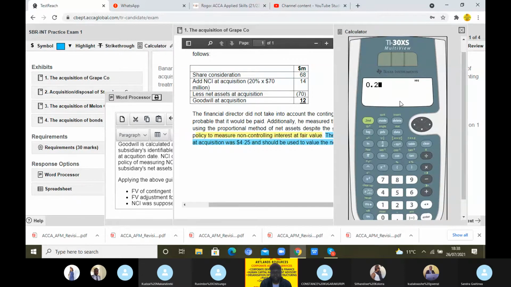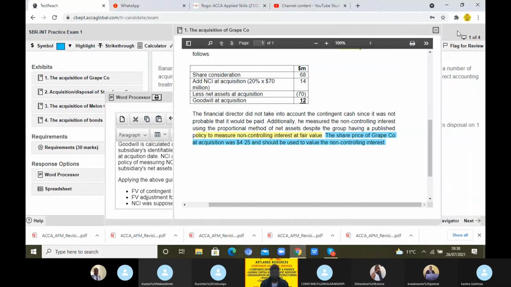Times 2 times 20 times $4.25. Are you not seeing? I'm punching on my keyboard here and press enter. If I press enter, I'm getting 17. So I can close the calculator to clean my workspace. Don't try to punch figures on the calculator itself. It takes you a lot of time. Just punch the figures on the keypad of your laptop or computer.